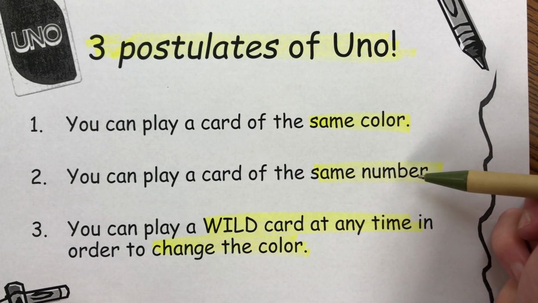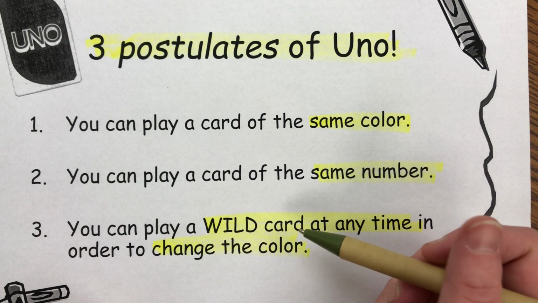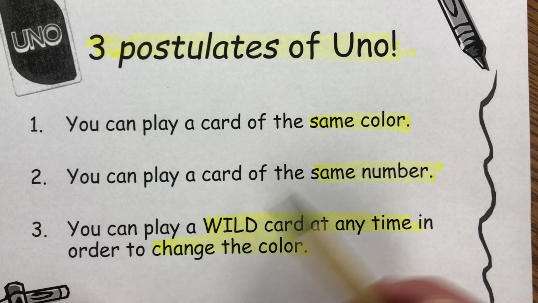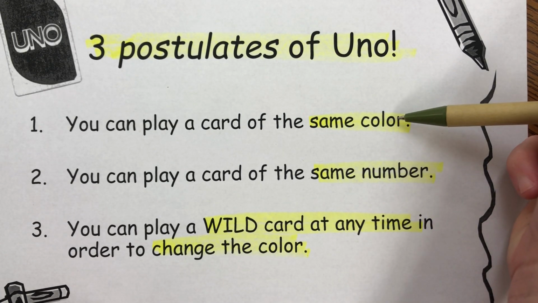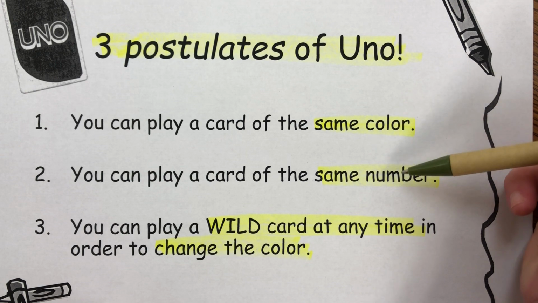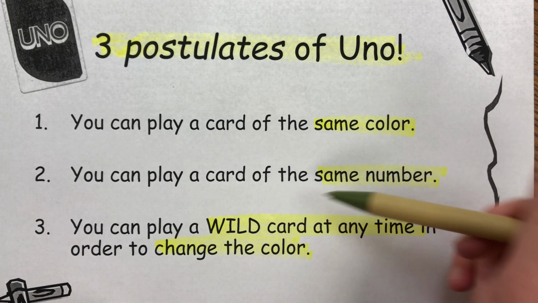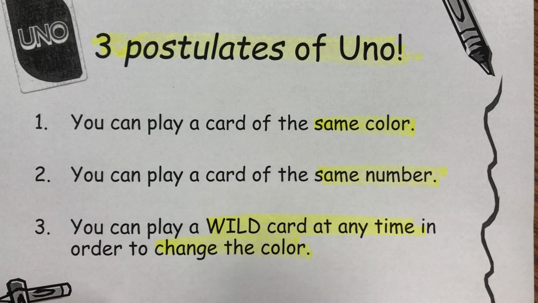So either same color, same number, or you can play a wild card at any time, and the purpose for our proof here is to change colors. That's what ours is. Okay, so that's the 3 rules you need to know. Uno cards can be same color or same number, or if you want to change the color, you can use a wild card. Okay, so those are the 3 postulates that we're going to be using in our proof.